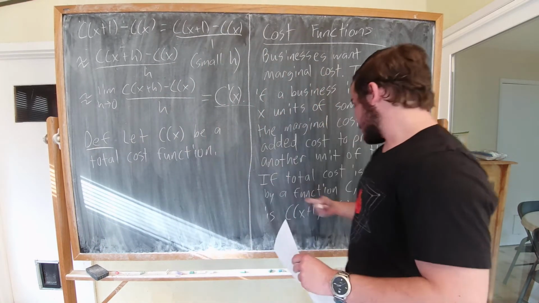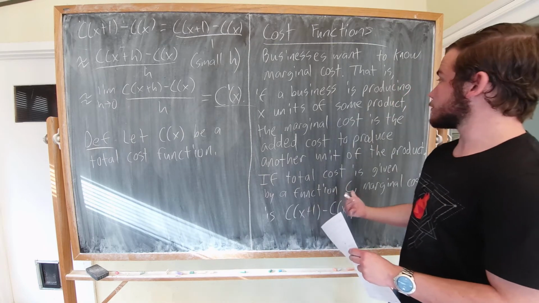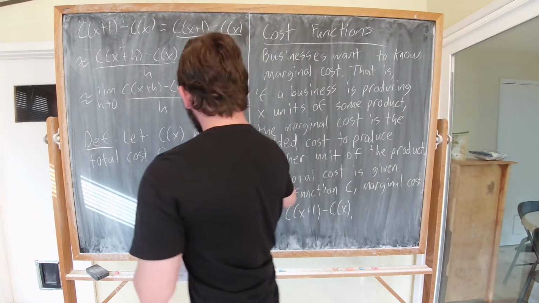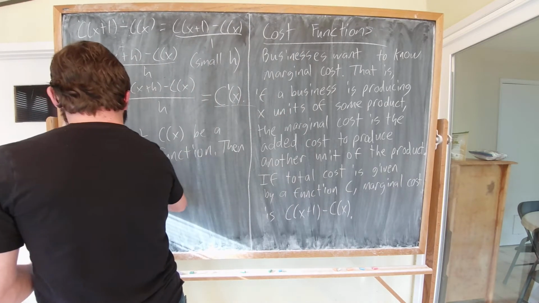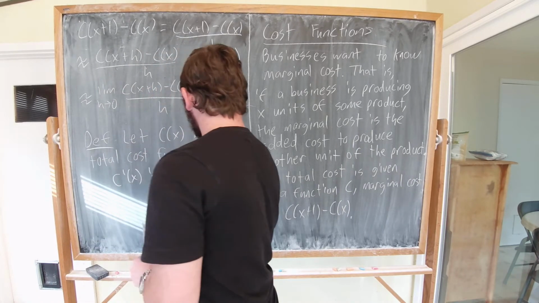So if we have some function telling us how much it costs to produce our product, C of x, then C prime of x is the marginal cost function.